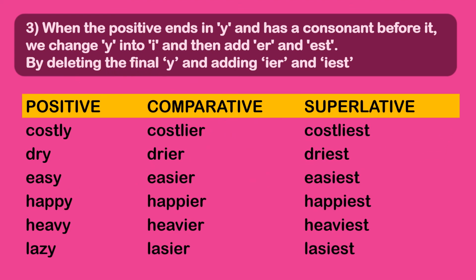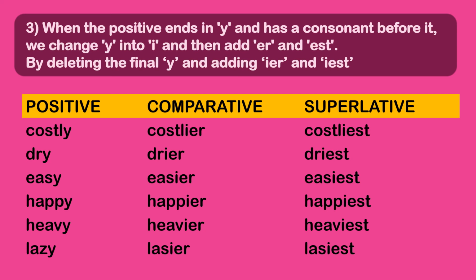For example, costly. Here you can see the last letter is Y, and before Y it is L, which is a consonant. So we remove Y and use I in place of Y, and then add ER and EST. Same as dry, drier, driest.